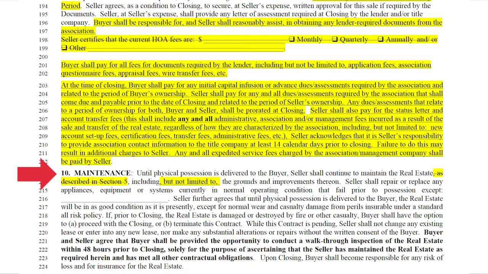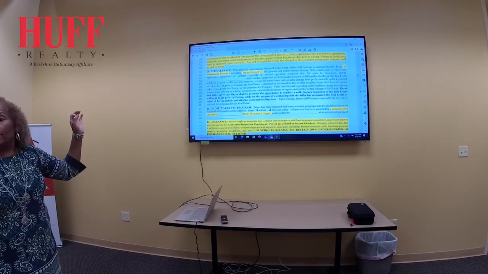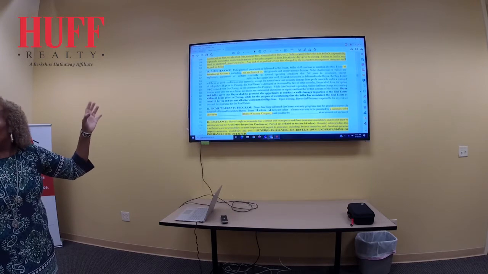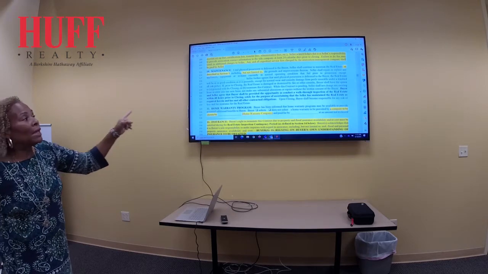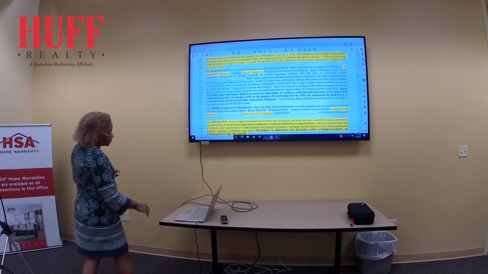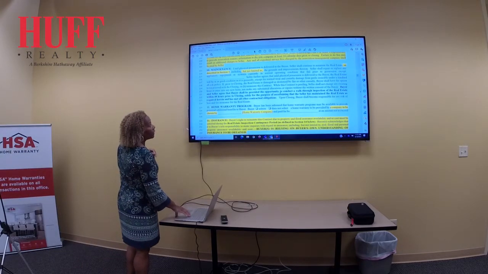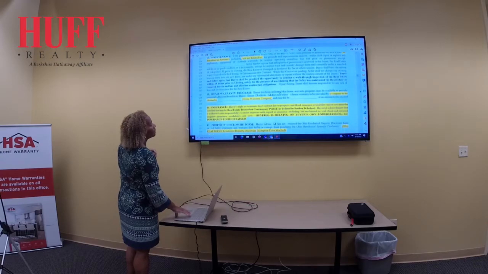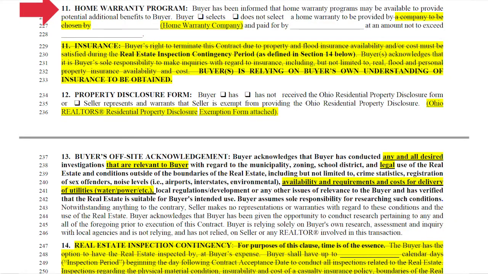It might be the unattached garage or shed or whatever else might be there. They have to maintain it all until the buyer takes possession. And again, more clarification of just whose responsibility it is. Home warranty, they just clarified and made it more simple, to specify who that is.